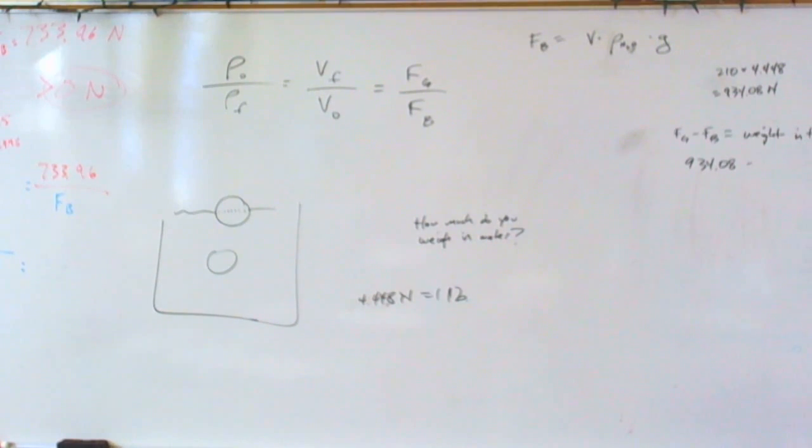The human body has a density close to that of water, 1,000 kilograms per cubic meter. An average person weighs maybe 70 kilograms, which gives an approximate body volume of 0.7 meters cubed.